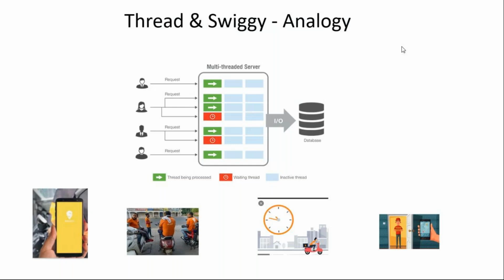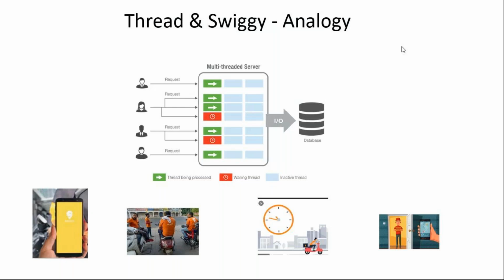Similarly, in your app server, there will be a thread waiting to receive the request from the browser. There will be many threads to handle parallel tasks. You might be accessing Amazon, I might be accessing Amazon for my own transaction, and there will be n number of people accessing the Amazon website. So threads will be waiting. Whichever thread is free, the task will be assigned to that thread, similar to the delivery person.